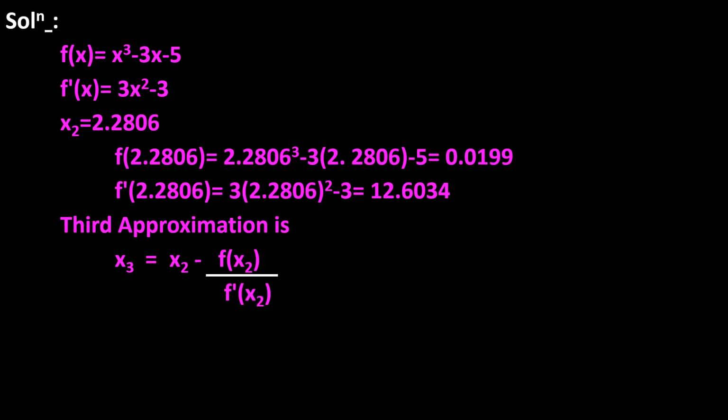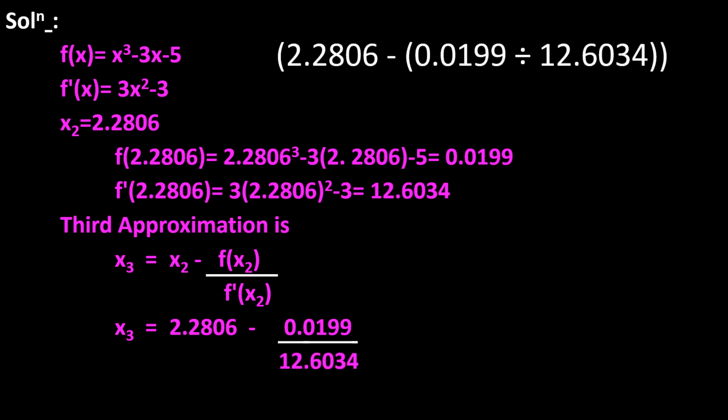Upon substituting these, x3 = 2.2806 − 0.0199 / 12.6034. In the calculator, we write it as: open the bracket, 2.2806 minus, again open the bracket, 0.0199 divided by 12.6034, close the bracket, again close the bracket.